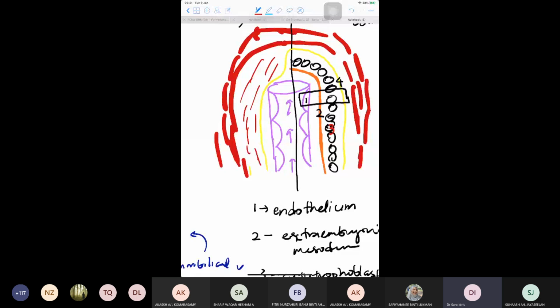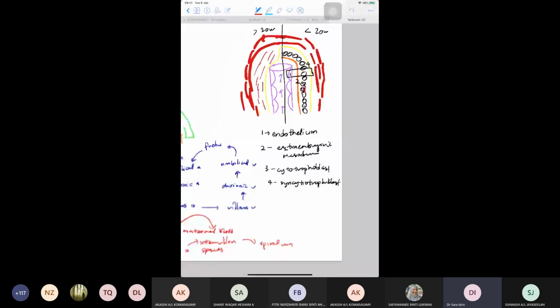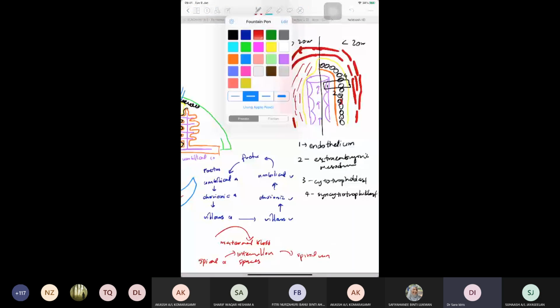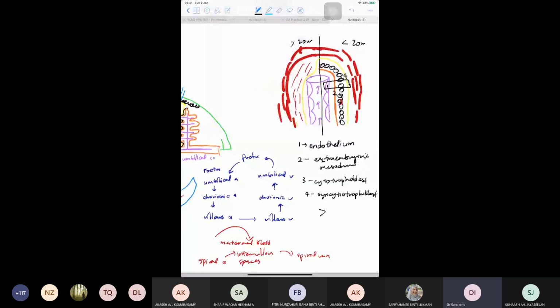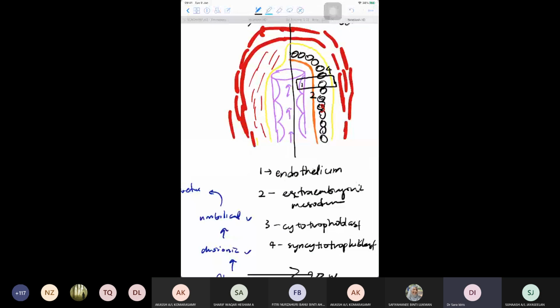So after 20 weeks, the placenta barrier is only going to be made up of two structures. After 20 weeks, only the endothelium and the syncytium. Before 20 weeks, you're going to have 4 layers.